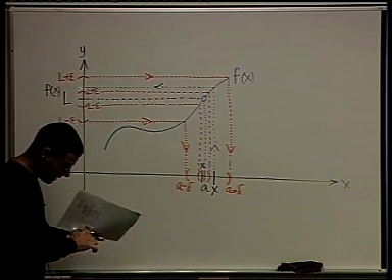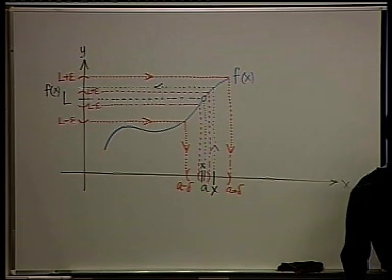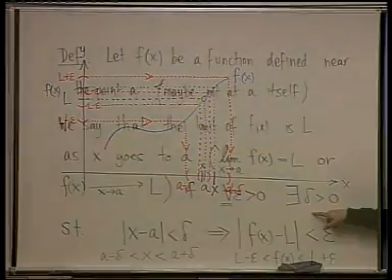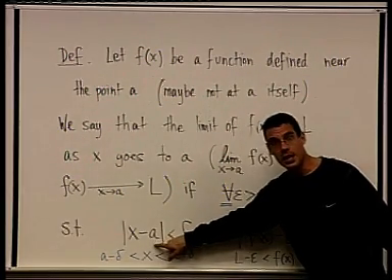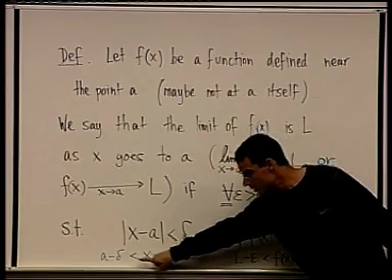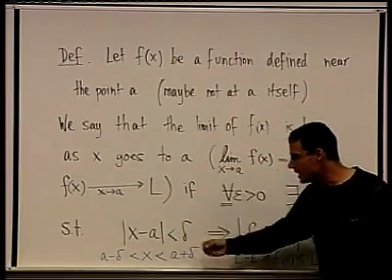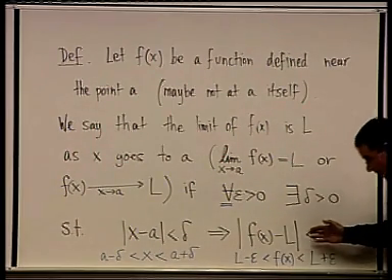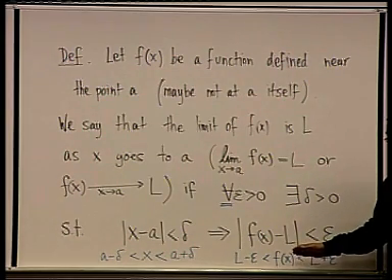So let's read the definition again. We say that the limit of f is L as x approaches A if for any epsilon there exists a delta such that being delta close to A, you should understand why I read this as being delta close to A implies f being epsilon close to L. Okay?